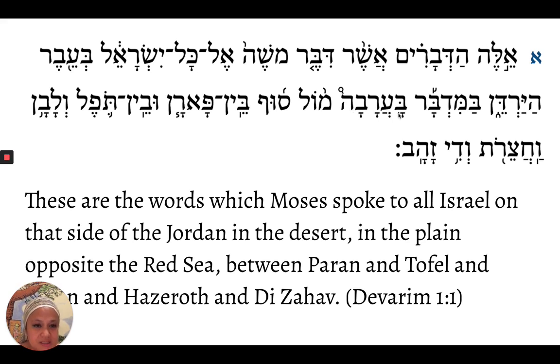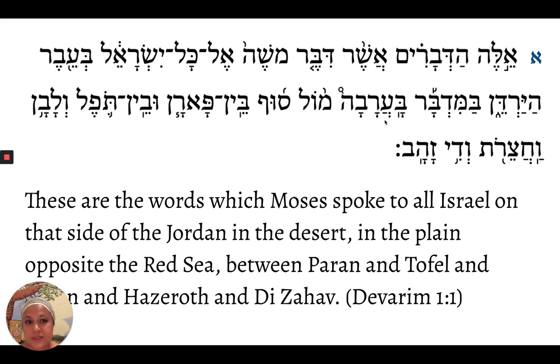This meteg, this vertical line right here, is a secondary accent mark. So this is ba'arava, ba'arava, which means in the plain. Ba is in the, and arava means plain. And Arava, this word is related to the word Arab, like Arabia.